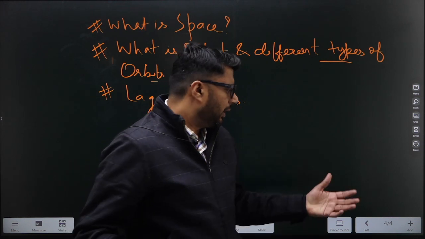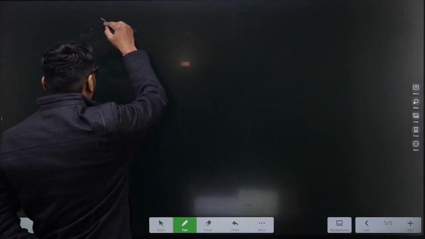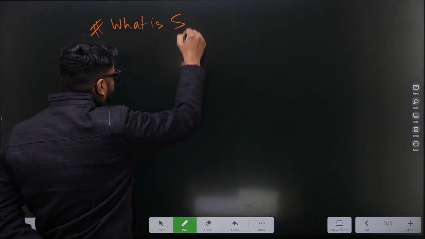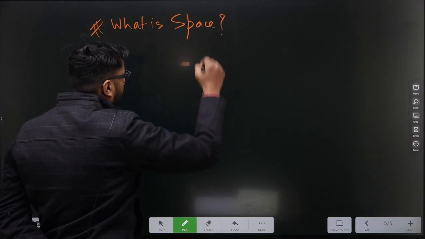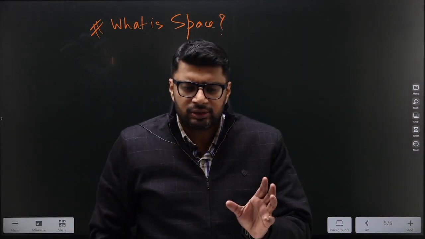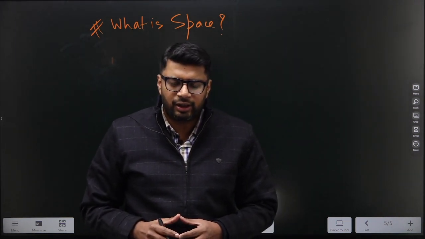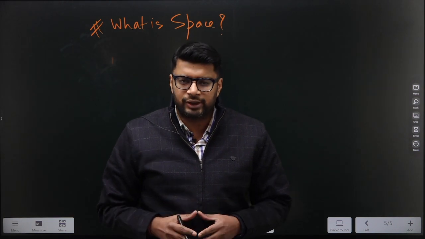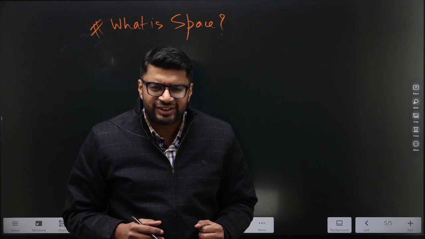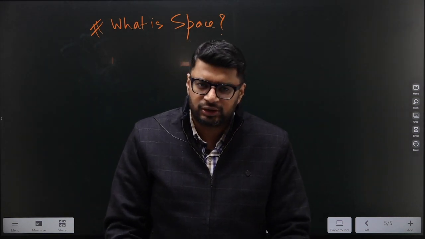So let's start. What is space? To understand space, we have to refer to some geographical concepts. We have studied in geography the different layers of the atmosphere: the troposphere, stratosphere, mesosphere, thermosphere and exosphere.